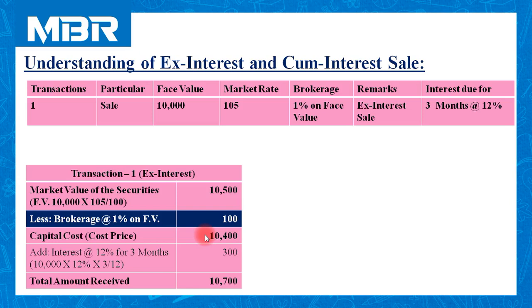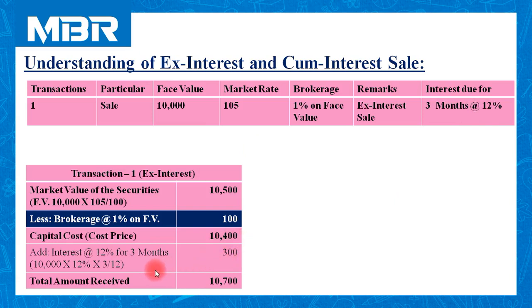Again, capital cost of the securities comes first because this transaction is X interest. This transaction is X interest, so we need to receive, because it is a transaction of sale, interest for the period of 3 months. It is given over here. 3 months at the rate of 12%. So it is rupees 300.